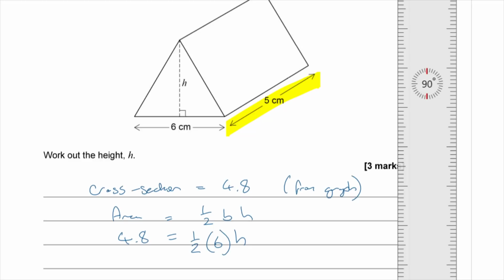A half of 6 is going to be 3, isn't it? So just simplifying that first, that's 3h is equal to 4.8, and then dividing by 3 to find what h is. h is going to be 4.8 divided by 3, which is 1.6. So it's going to have a height of 1.6 centimeters.